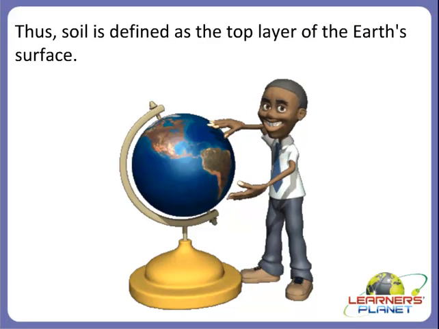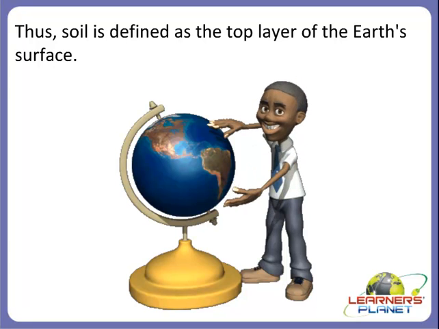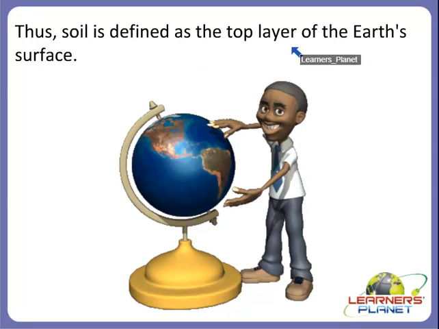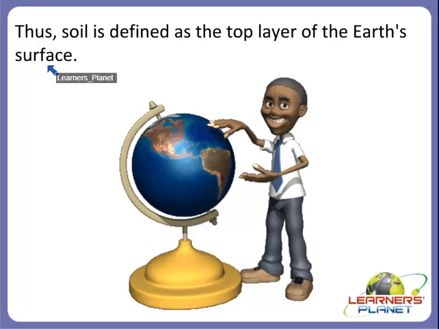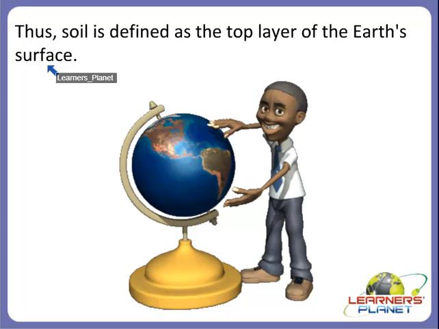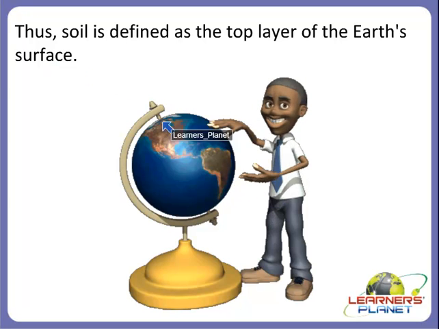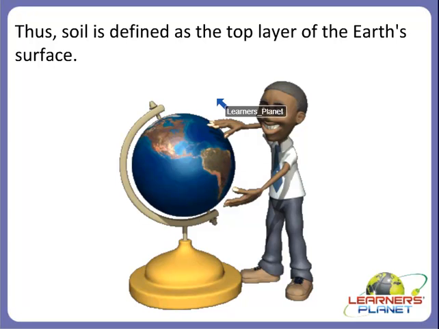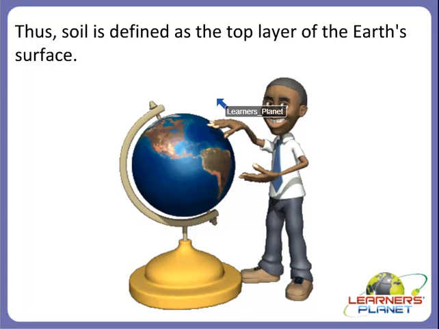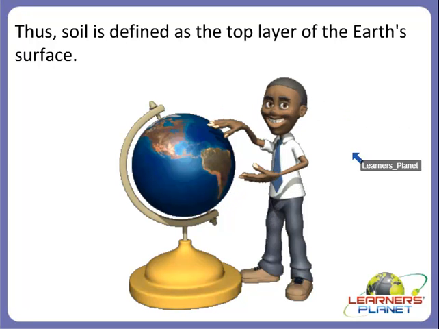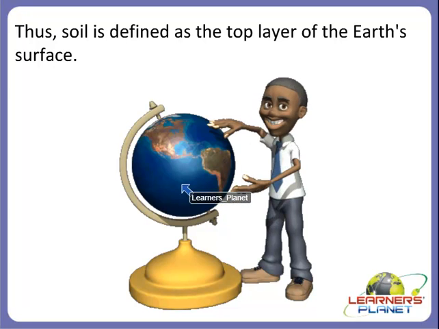Children, thus we can say that soil is defined as the topmost layer of the earth's surface. Right, children? So, soil is the top layer of the earth's surface, which consists of sand, organic matter and minerals with some amount of water and air in it.